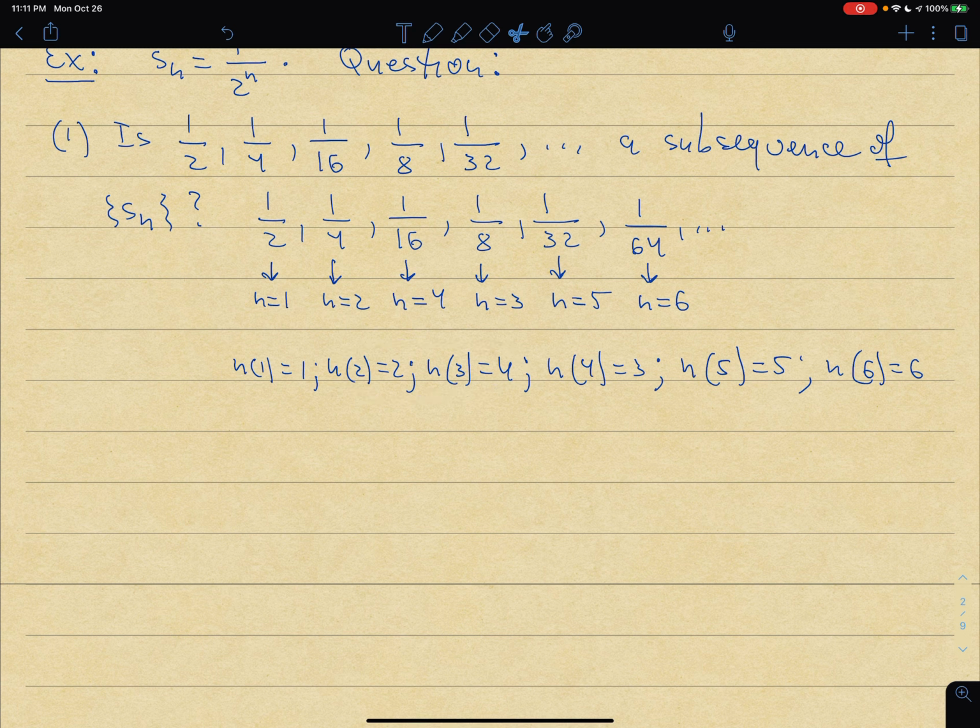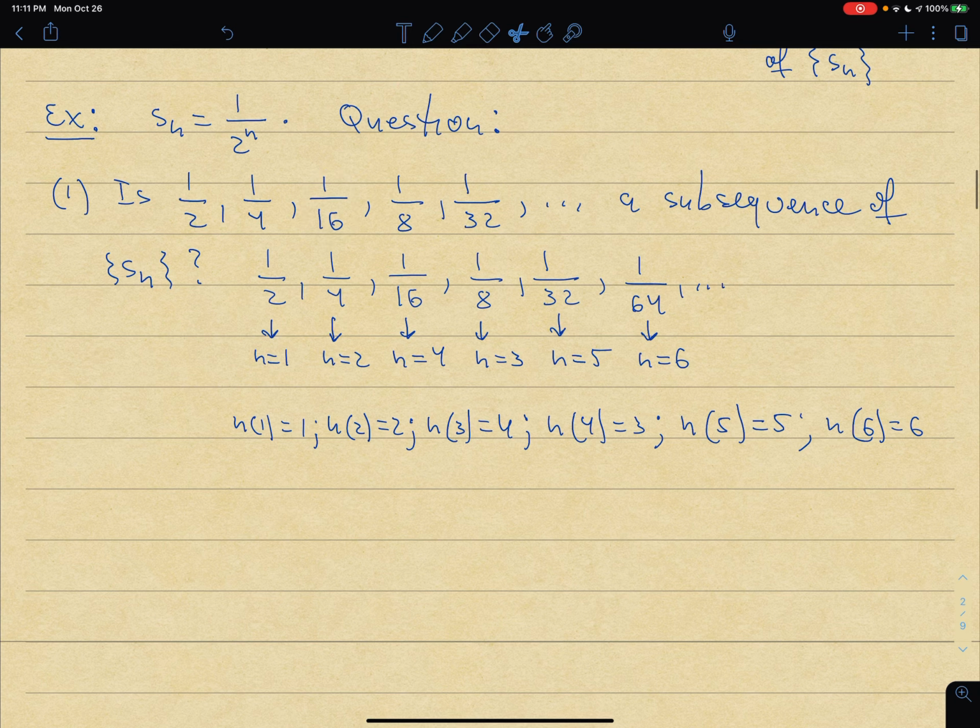But then n of 3 is greater than n of 4, so the function n of k is no longer increasing. The consequence is that I'm moving along my original sequence forward, but then I move backward when I go to 1/8. And that's not allowed because then I'm choosing elements not in order.